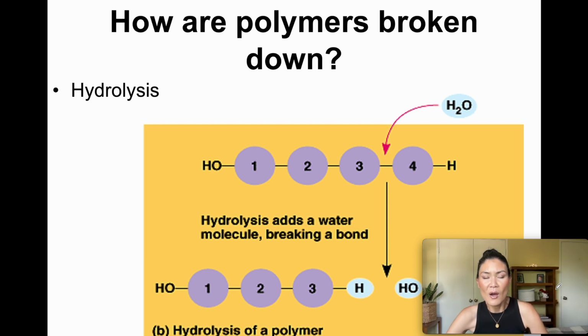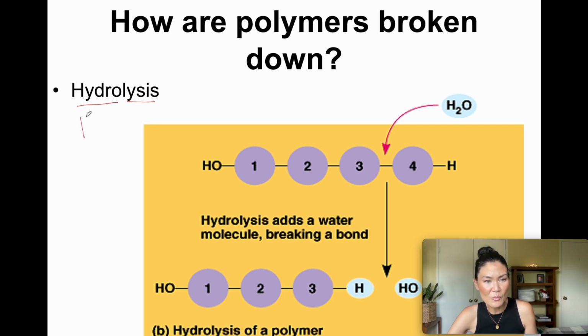So when we eat long chains of polysaccharides, let's say you're eating toast or cereal for breakfast, there's a lot of sugar in there. We're going to break it down by hydrolysis. Hydrolysis is the opposite of dehydration synthesis. Let's break down this word.